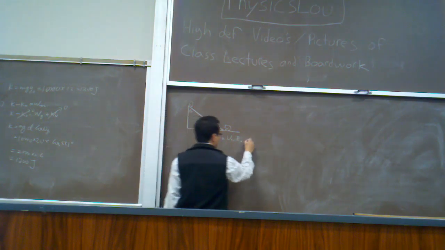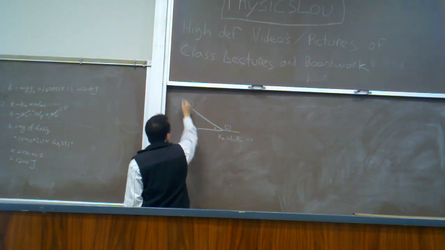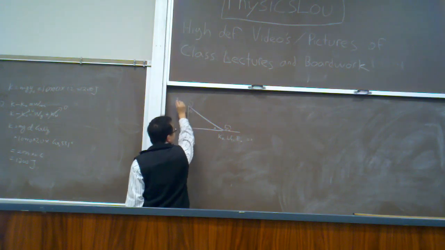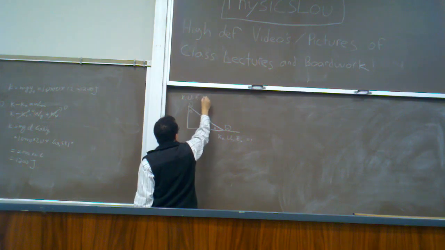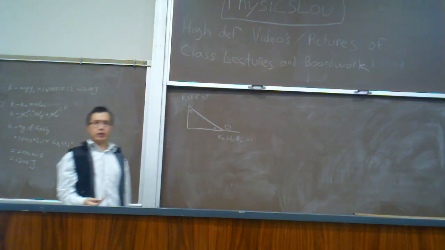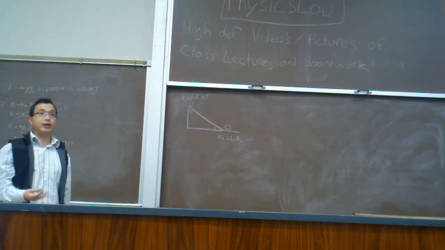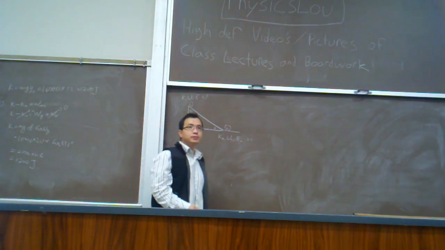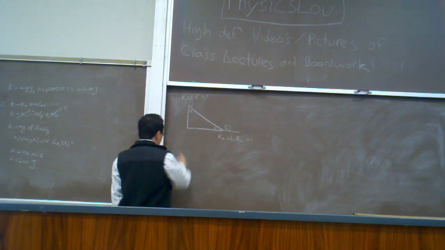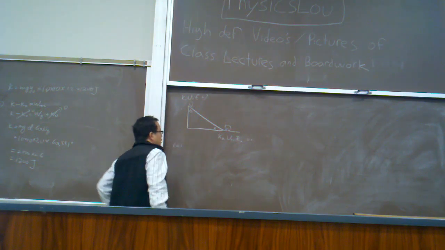And in part B, we want to calculate K, U, and E: the final kinetic energy, final potential energy, and final mechanical energy. We want to calculate all of them. Any question here?